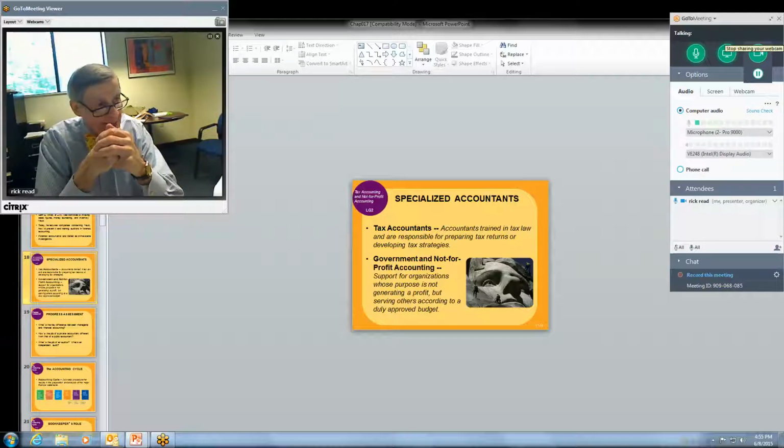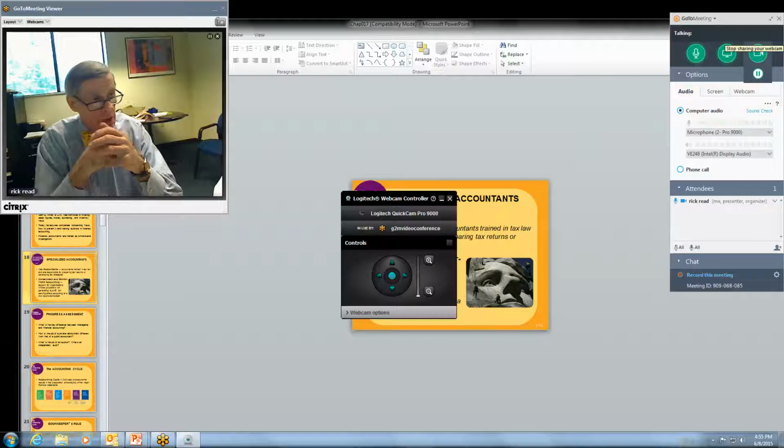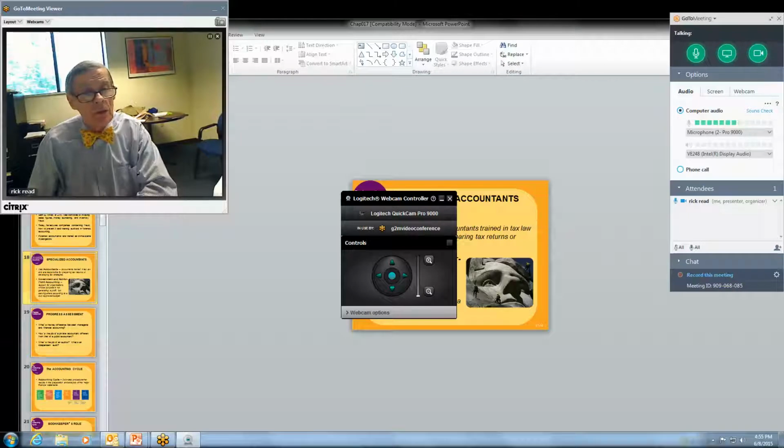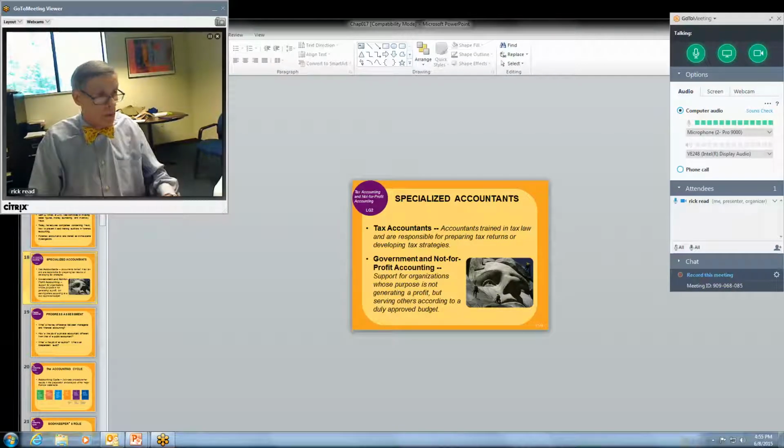But they do have an obligation to tell the people that they are serving, or their funders, or their donors, how well their money is being spent. So these people do that.